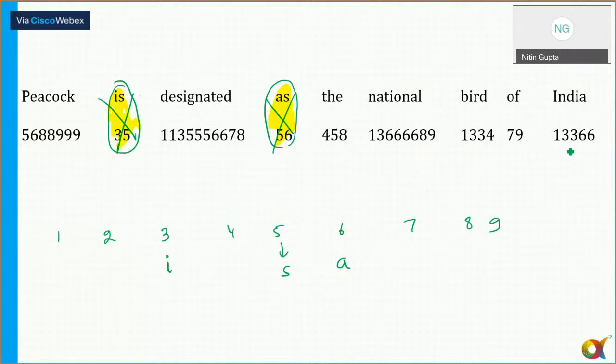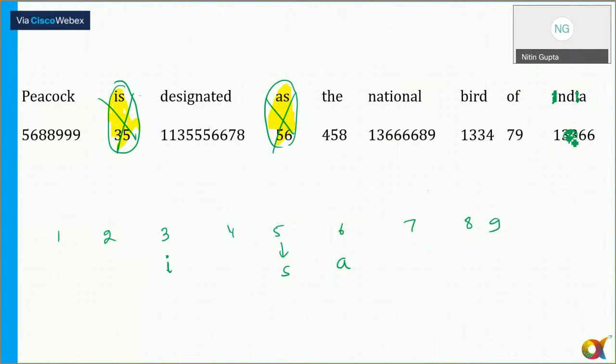Now in the word "the", 5 is being used, but 5 is S, so something else is used here. Anyway, if I look at the word "India", we know one of the 3 is used for I, and there are 2 I's, so both the I's are used for the 3.